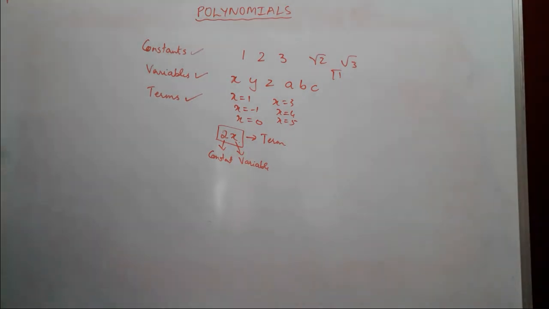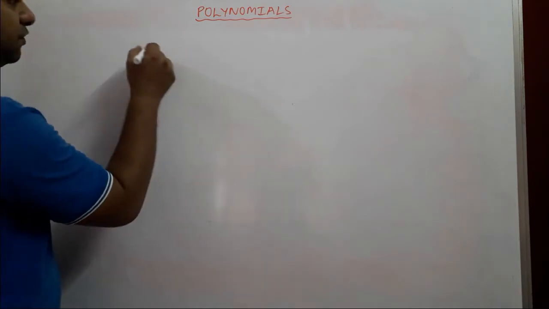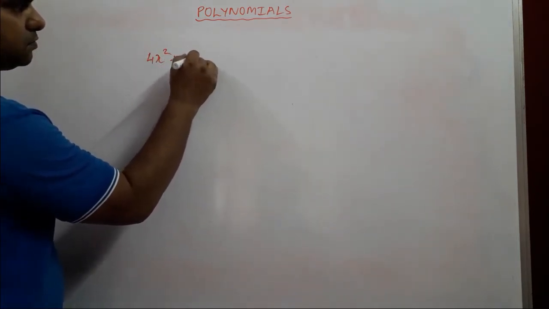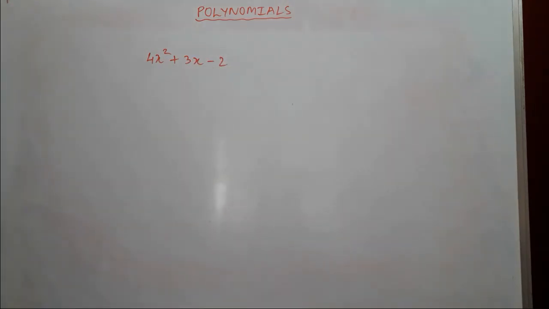Now we look at what is a polynomial. Usually you will get a polynomial in this form, and this would be regarded as a polynomial.